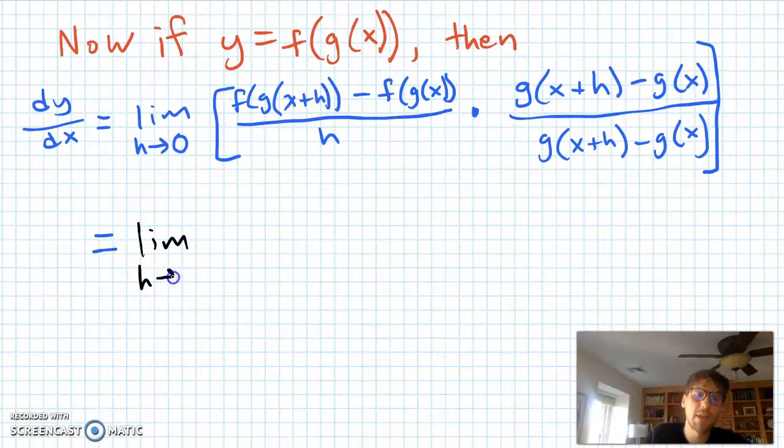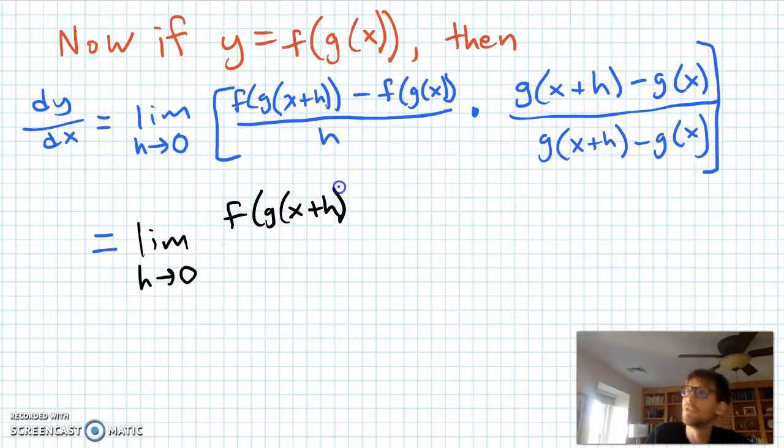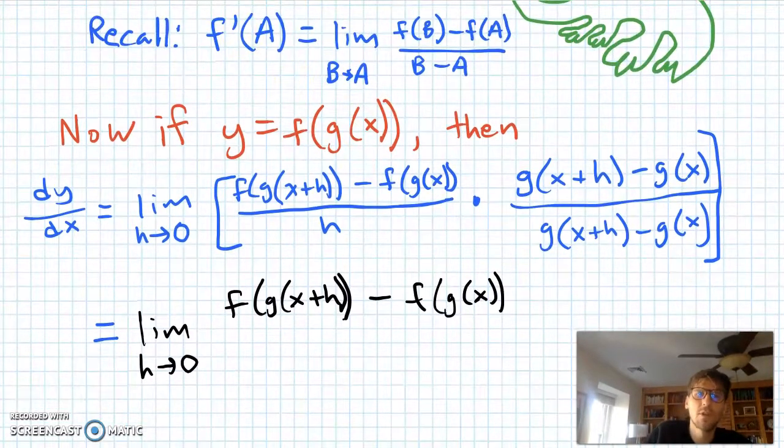So bringing down my limit notation here, if I revisit that alternative definition of the derivative we used, we could think of g of x plus h as b and g of x as a.